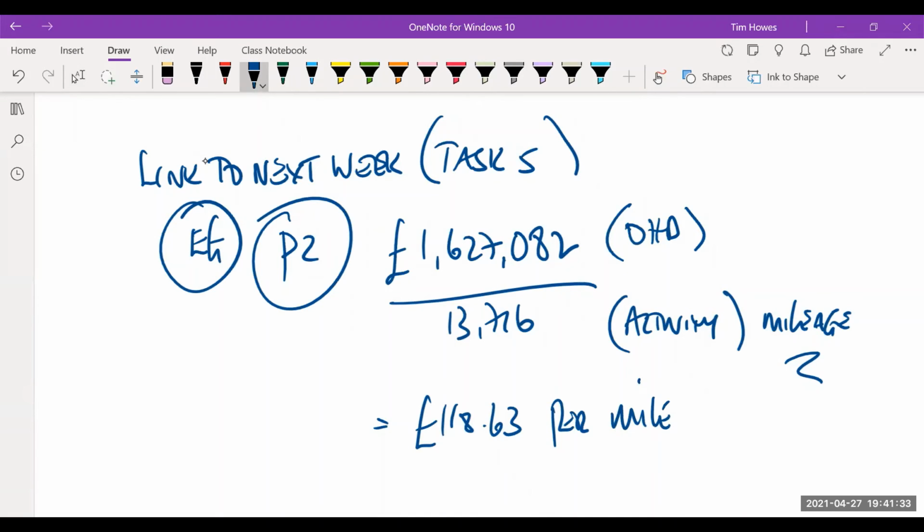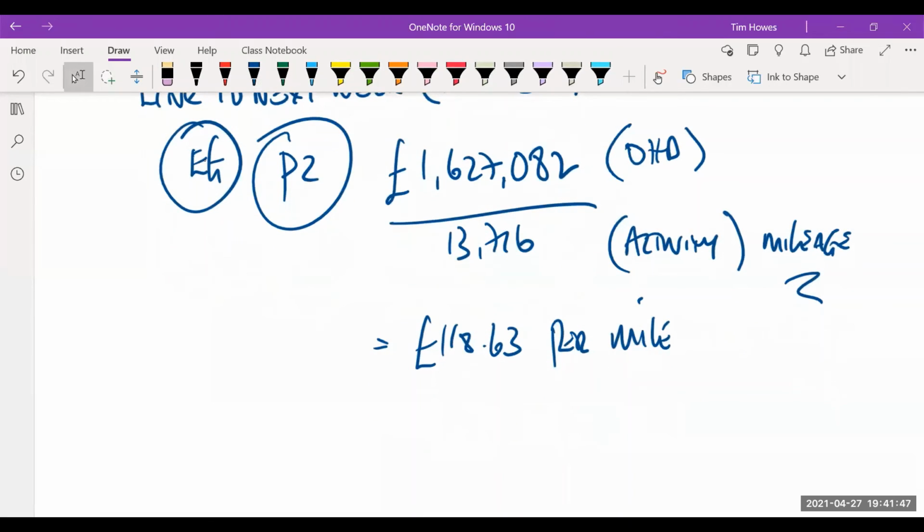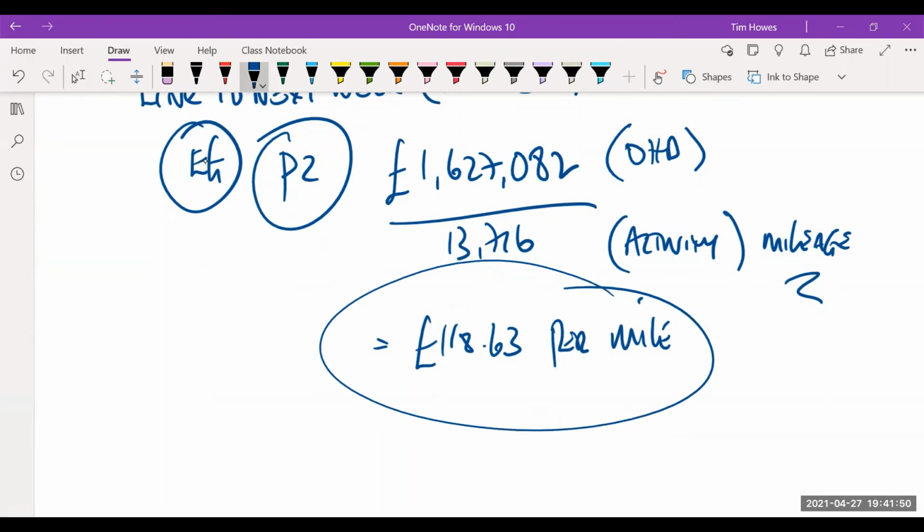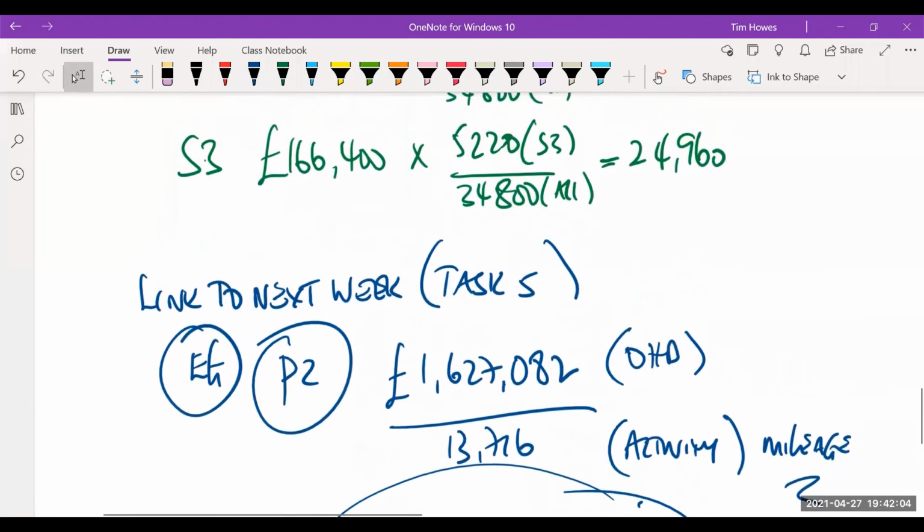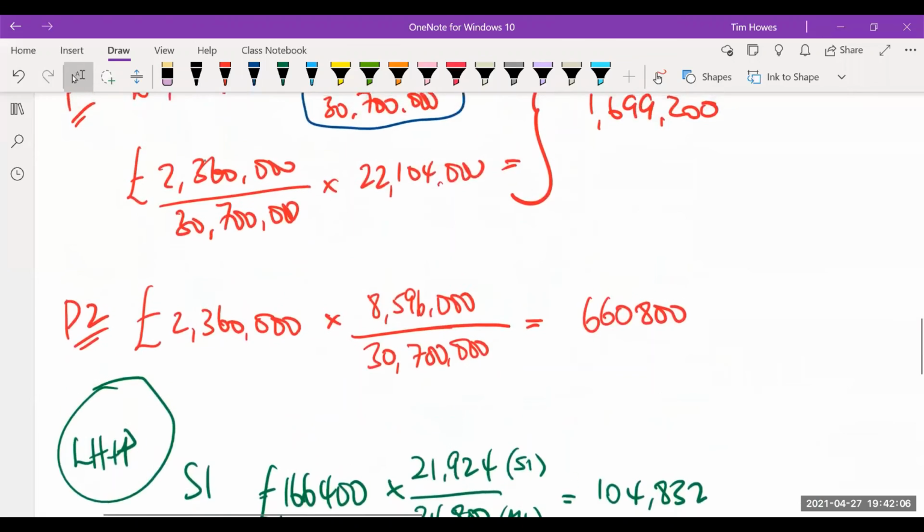So literally what we're saying is, there's obviously the petrol or the fuel, there's the drivers, there's all sorts of bits and pieces. We've got the direct stuff. But when we're saying how much does it cost us to provide the service, we're suggesting for the contract services, P2, we need to bear in mind £118.63 for every mile that we drive on those contract services, because you've got to take account of the depreciation of buses.